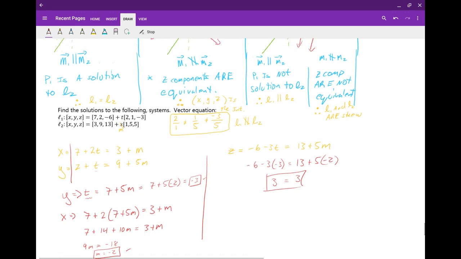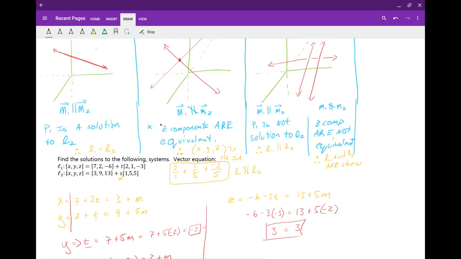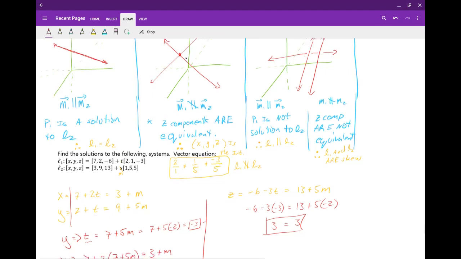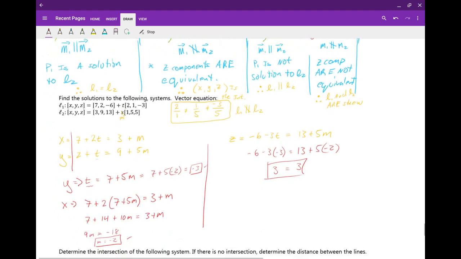So therefore, what that means is that the z components are equivalent, and therefore x, y, z is the solution. So I have a single point solution, and there it is right there. But I need to write it down. The solution is something, comma, something, comma, 3. This z is equal to 3, as you notice.